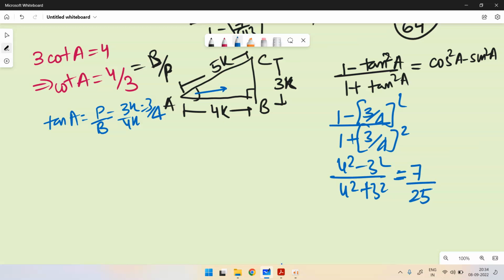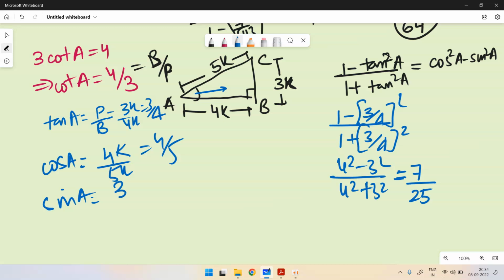Now if I calculate cos A, it is base by hypotenuse, which is 4k by 5k, nothing but 4 by 5. And sin A is perpendicular by hypotenuse, which is 3k by 5k, nothing but 3 by 5.